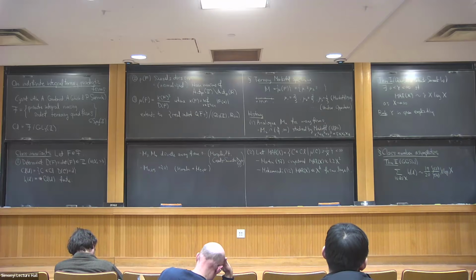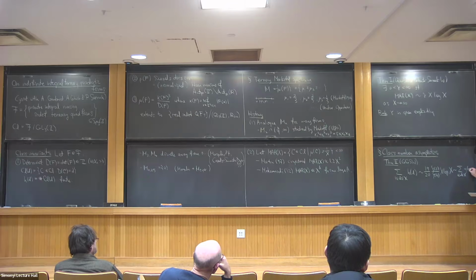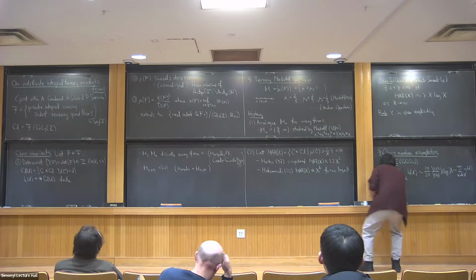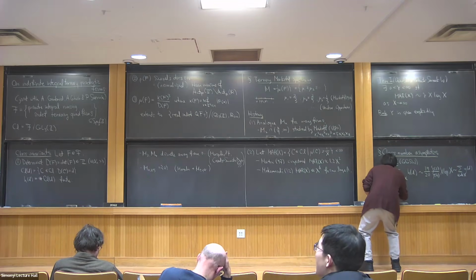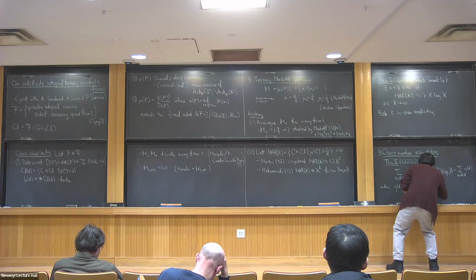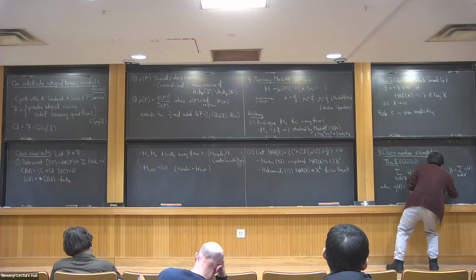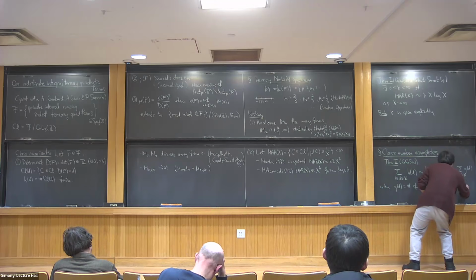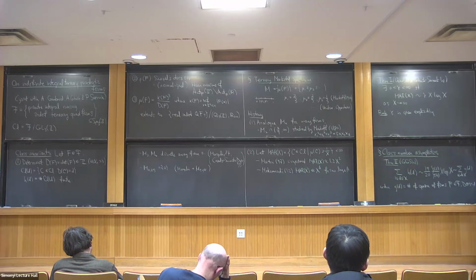And I should also mention that part of our result is that not only the average of h of d, but the average of g of d, where g of d is the number of genera of forms of determinant d, has the same asymptotics.